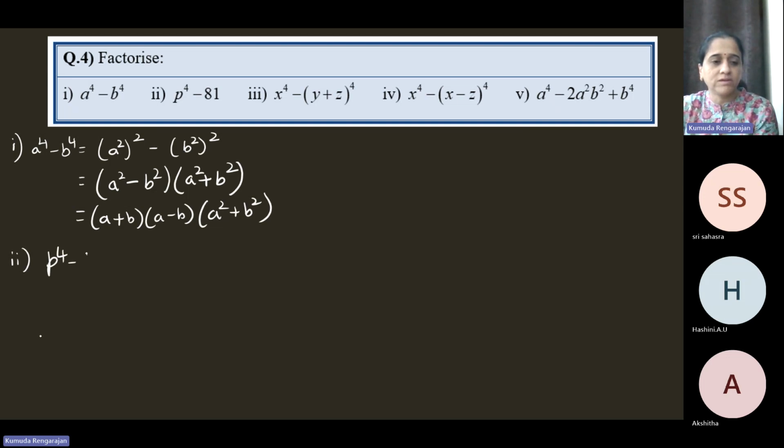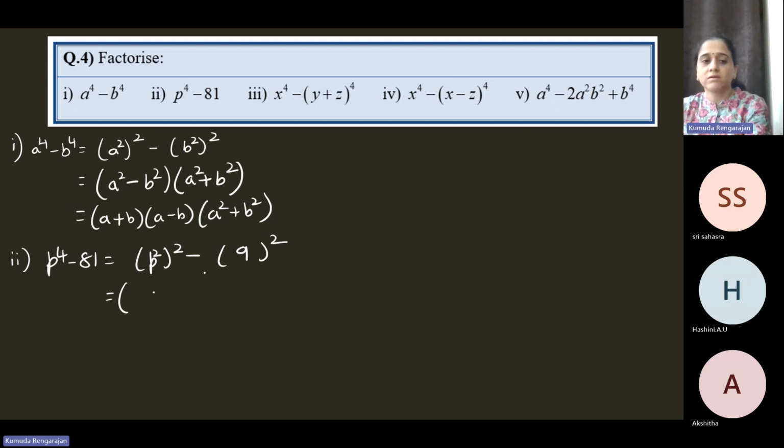b to the power 4 minus 81. p squared minus 9 into p squared plus 9.